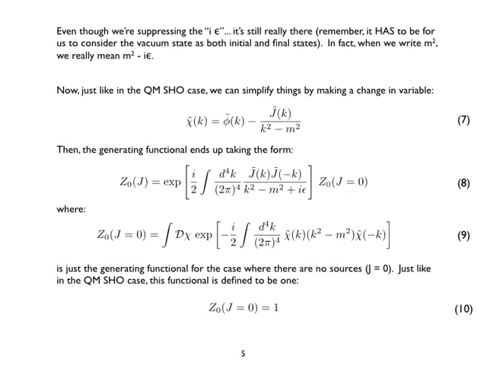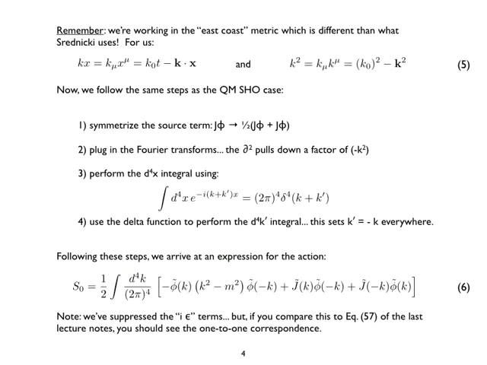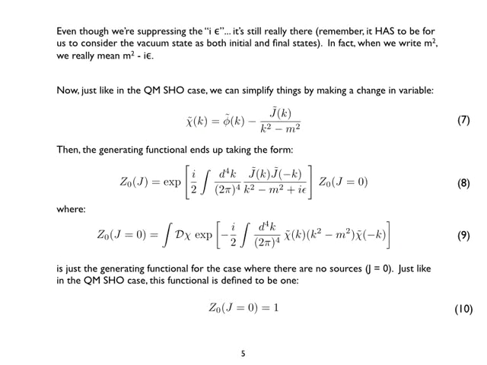Anyways, we've gotten it down to the point of equation 6, and now we want to simplify things. We're going to do that by doing a complicated looking change of variables. When we do this change of variables, we go through the same exact steps that we did before, and we found that a bunch of stuff cancels out.